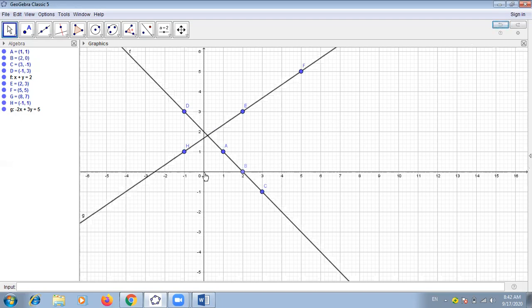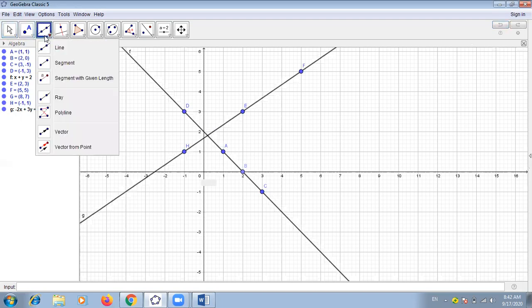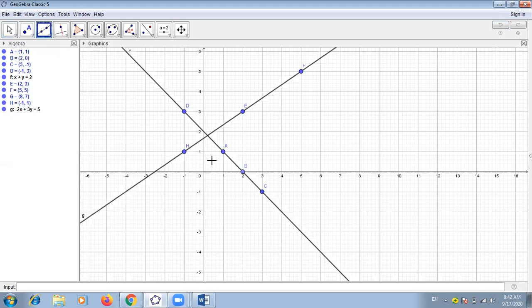I chose the scale of 5 small boxes equals 1. So I can see that it cuts at this point on the x-axis and this point on the y-axis.